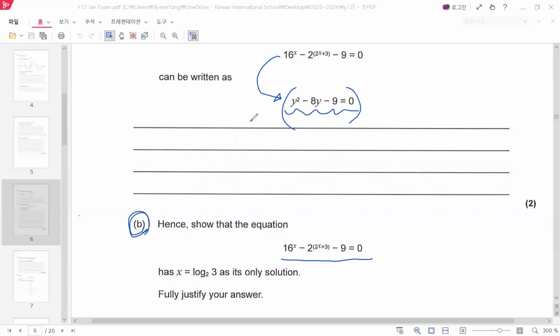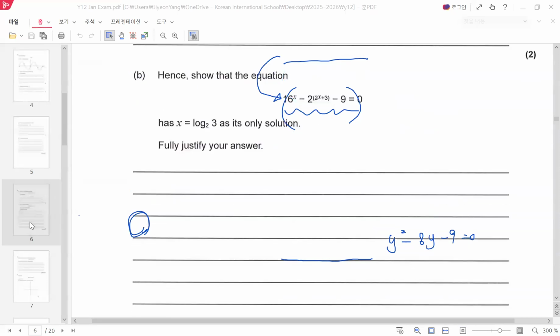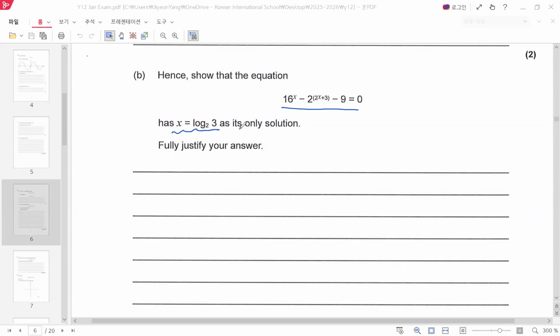Even though you failed to show this equation can be converted to the quadratic equation, you can still solve question B by using y squared minus 8y minus 9 equals 0, okay? So let's see. Hence show that this equation has x equals log 2, 3 as its only solution.